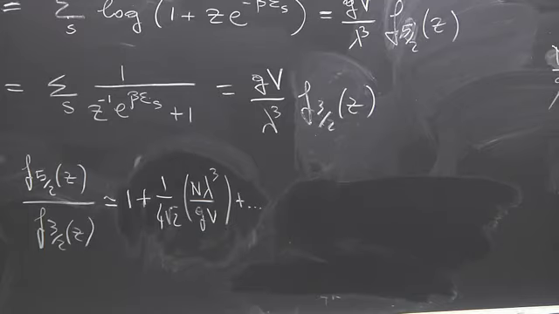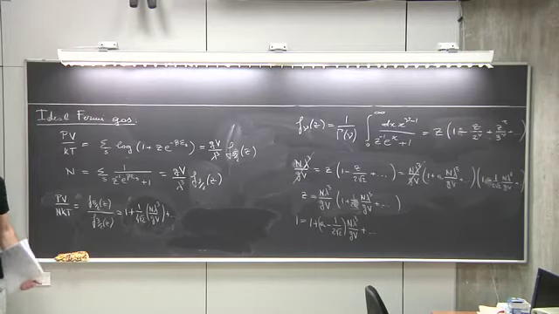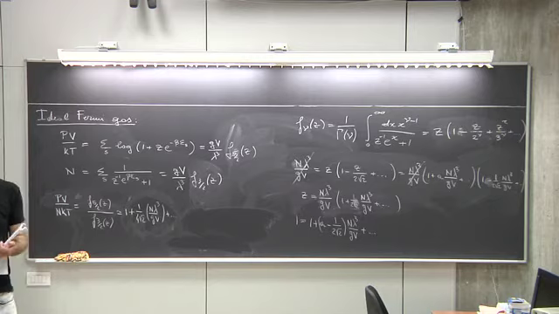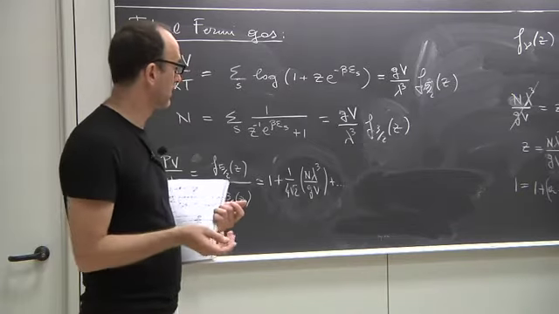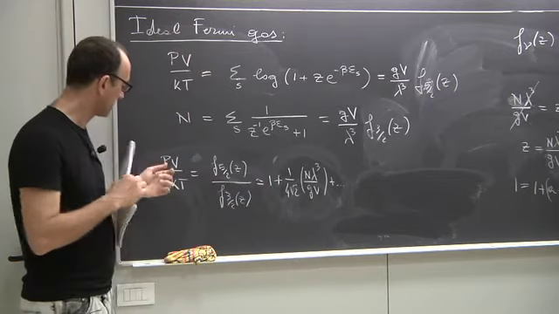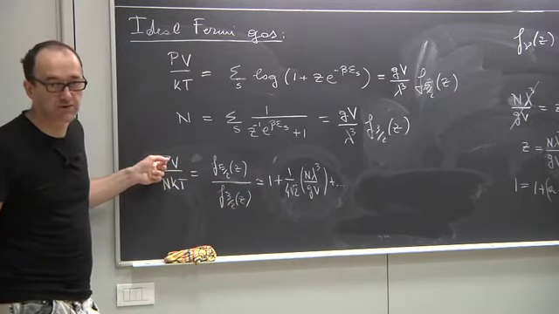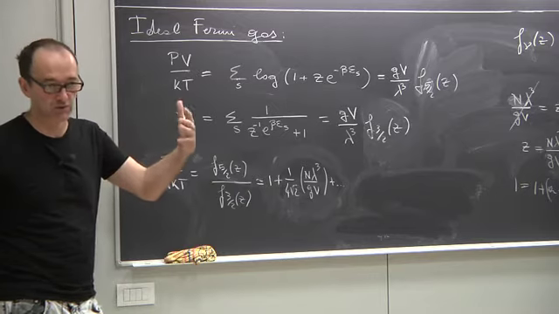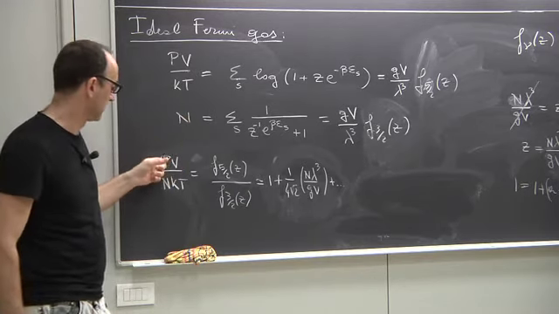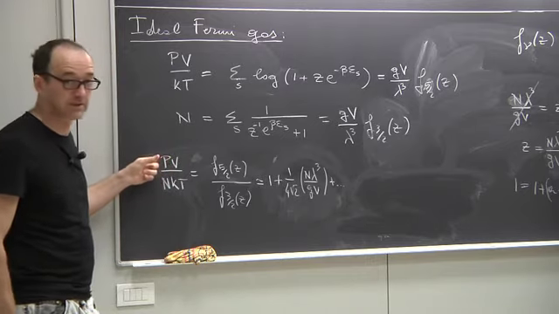A negative coefficient is what you find when you have an attractive interaction between particles, because essentially the pressure comes from particles hitting the wall of the system.